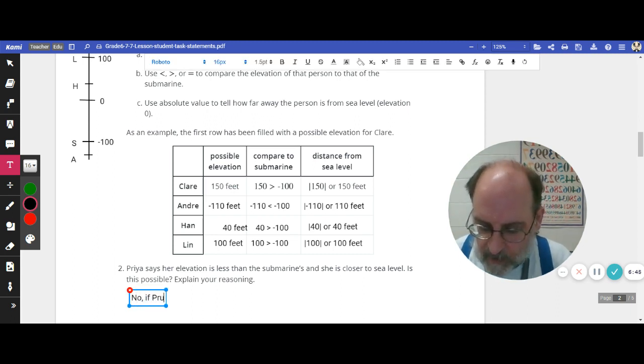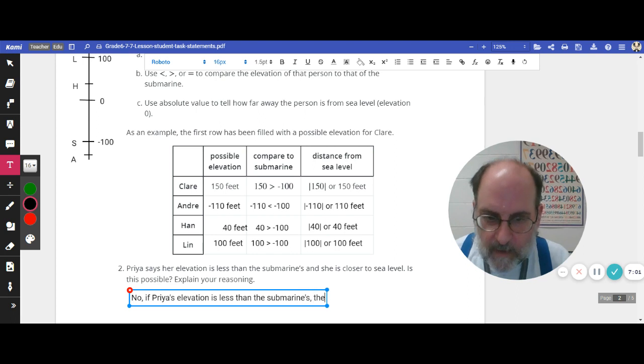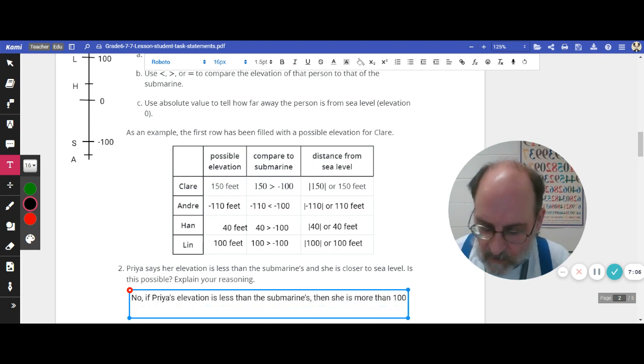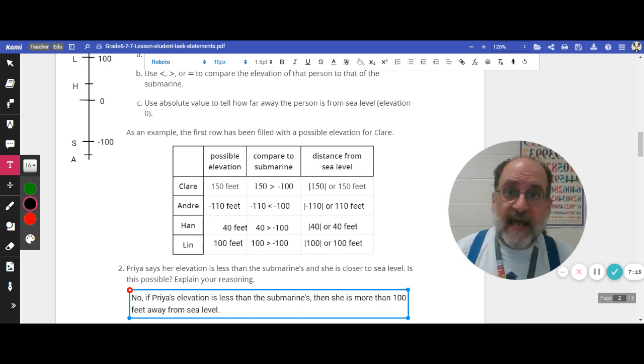No. If Priya's elevation is less than the submarine's, then she is more than 100 feet away from sea level. So that is not a possibility.